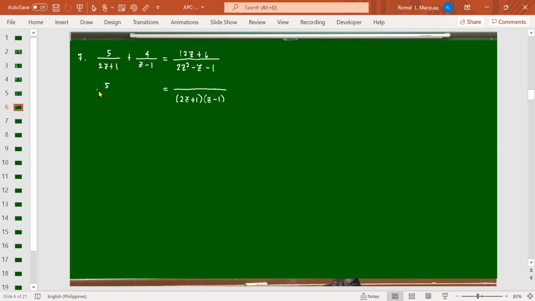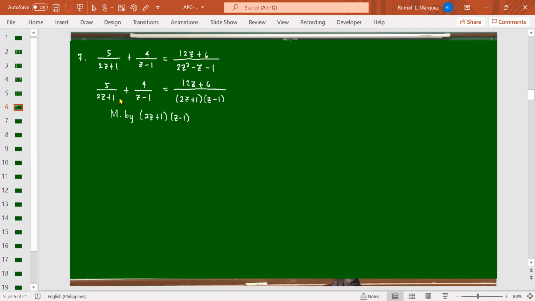So copy the left side. So multiplying by what? Then, by the way, the numerator of the right side is 12z plus 6. So what is our multiplier to both sides? Multiply by 2z plus 1, z minus 1.